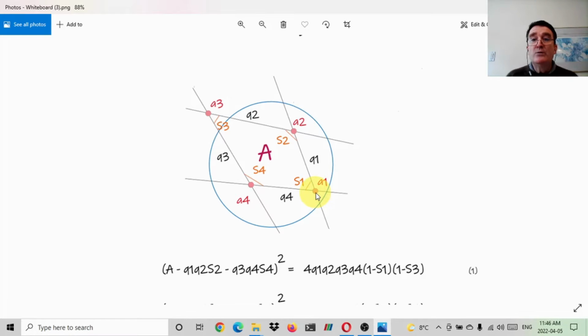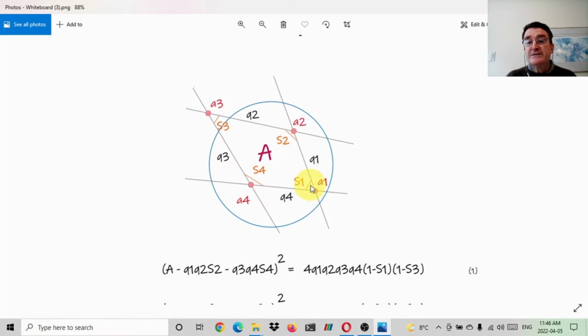projective points A1, A2, A3, and A4. And we also have quadrances Q1 between projective points A1 and A2, Q2 between A2 and A3, Q3 between A3 and A4, and Q4 between A4 and A1.